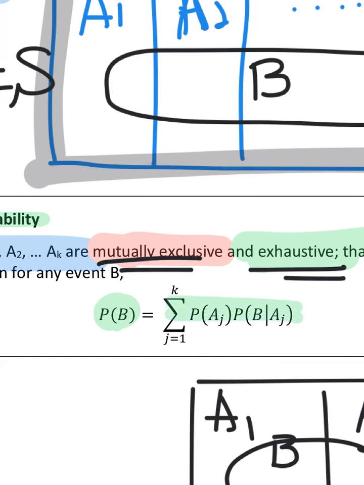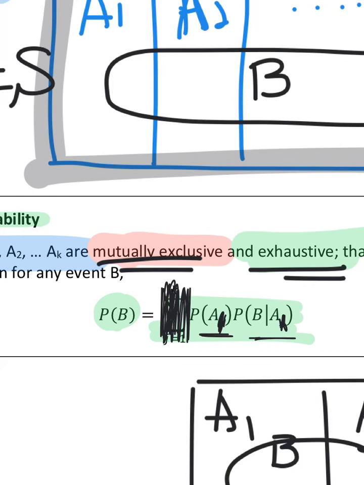How? Like this way. Let me erase the summation and the index of J. Erase everything. It's fine. Please look at the multiplication. Probability of A times conditional probability of B given A. Have you ever seen this multiplication before? When?